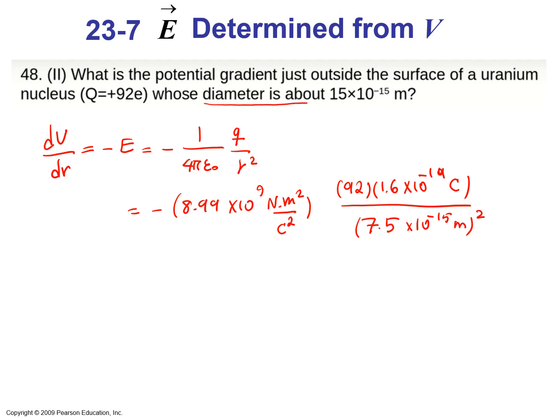The diameter is 15, we're talking about the radius, so we make it half. So dV dr, which is the derivative or the gradient of the electric potential, is equal to minus 2.4 times 10 to the power 21 volt per meter.